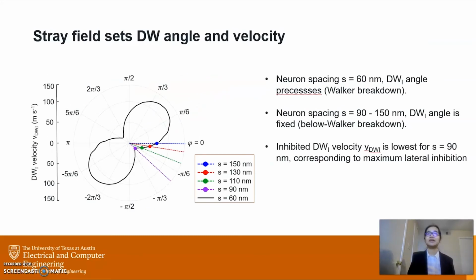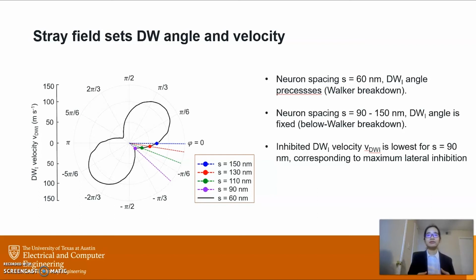We now take a closer look at the mechanism of domain wall neuron lateral inhibition. It can be seen in the polar plot here that the domain wall velocity is directly related to its angle or orientation. At 60 nanometer neuron spacing, the field strength is too strong, so the domain wall is in the Walker breakdown regime. As the domain wall precesses, its velocity will be averaged over all angles.